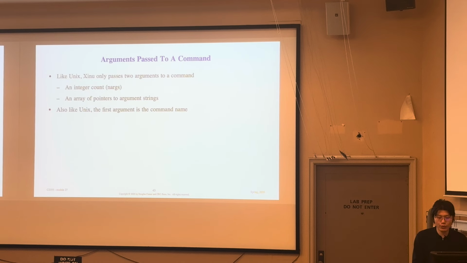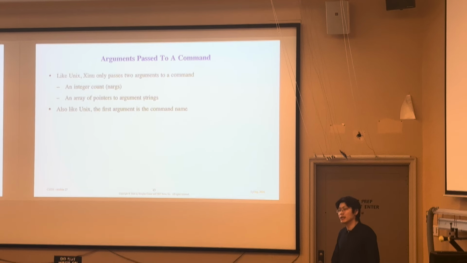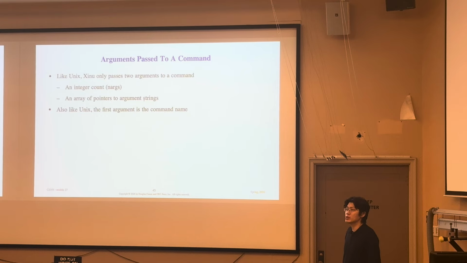Linux only passes two arguments to a command. One is an integer count, how many arguments there are. The second argument is an array of pointers into argument strings. So one counts the number of arguments, and the second is an array. This allows the command to use an arbitrary number of arguments.